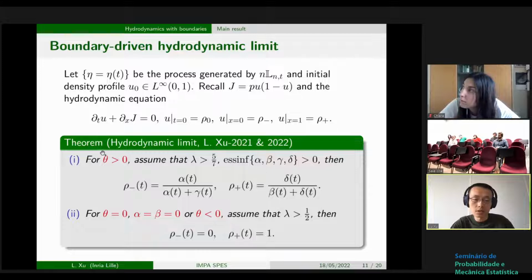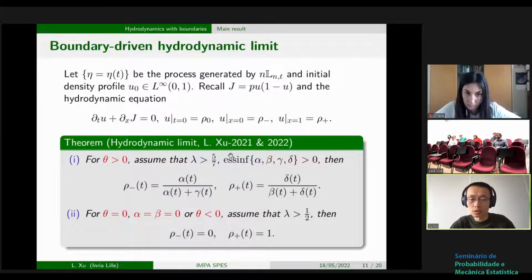The first case is if theta is positive. Just remember that theta is a factor that regulates the strength of the reservoir. If theta is positive, then the reservoir is very strong, so it's a fast boundary case.